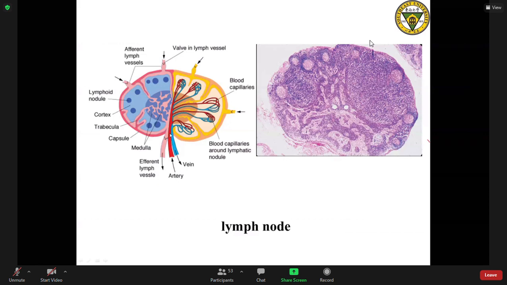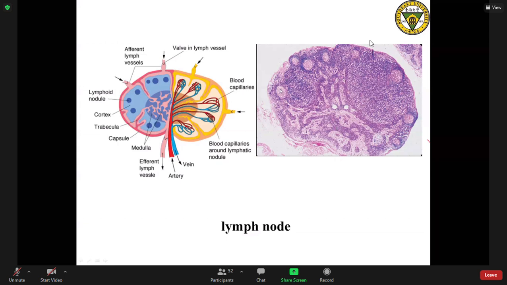This is the artery and vein. The artery and vein also form the blood capillary and enter the sinus. Many sinuses are around the cortex or in the medulla. So it's a normal structure.